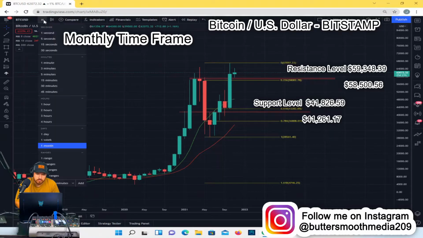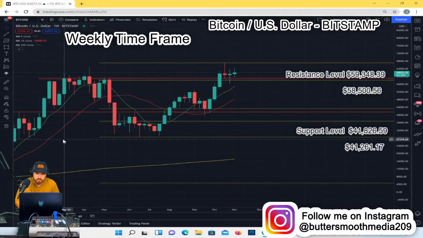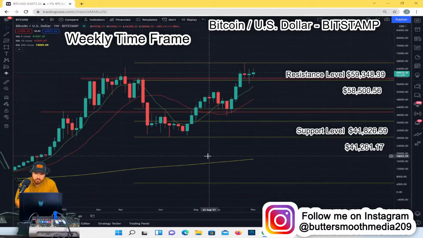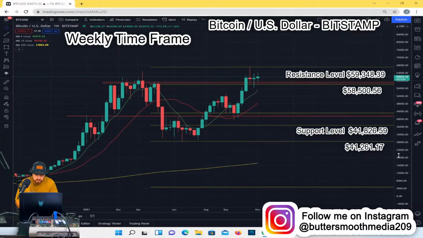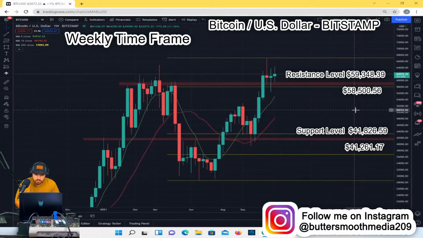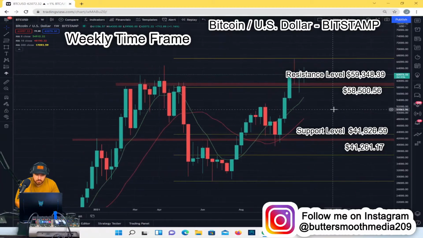From the monthly time frame, we're going to go down to the weekly now. Adjust your chart and make it a little bit bigger for you guys. You can see here in the past, this resistance level was pretty strong. We had the wick come up and touch it before the next week was rejected.